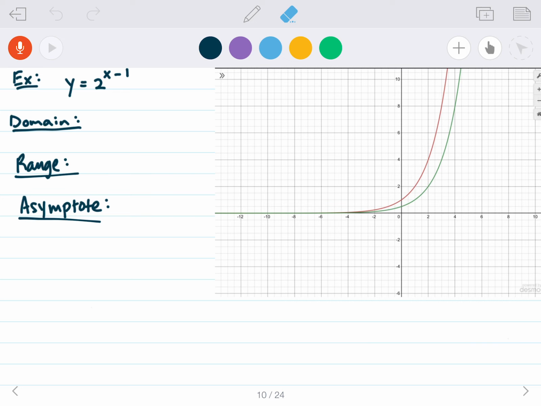Okay, here is our first example. We have y equals 2 to the x minus 1. We want to figure out what is the domain, range, and asymptote. So this is just an exponential function. Let's actually write a little thing down here for transformations.